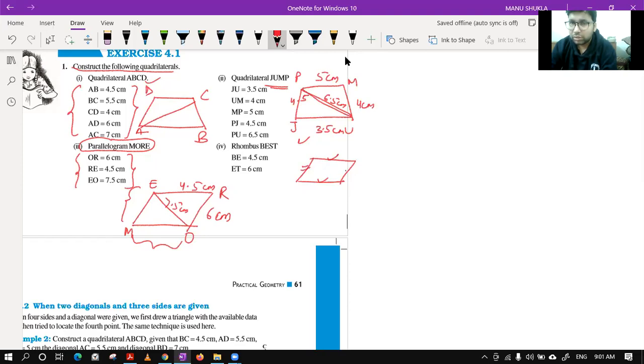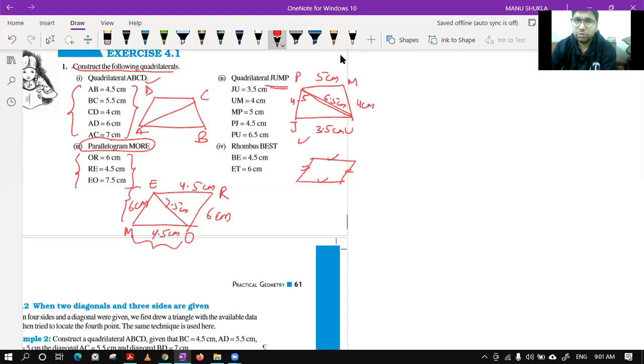Similarly, these two sides are parallel as well as equal. So in this case, we can say ME is equal to OR, that is 6 centimeters, and ER is equal to MO, that is 4.5 centimeters.